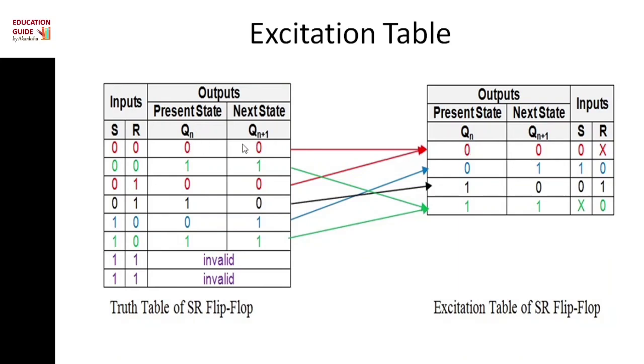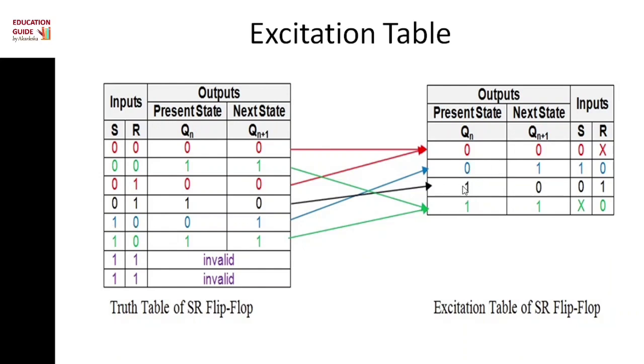So firstly consider 0 and 0, then we get S is equal to 0, R is don't care, and when we give 0 1, then we get the output 1 and 0.